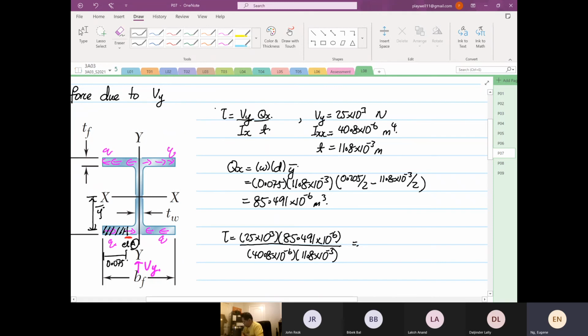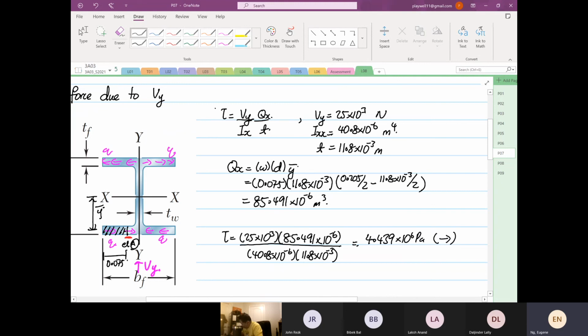So this will be equal to 4.439 times 10 to the power 6 Pascal.